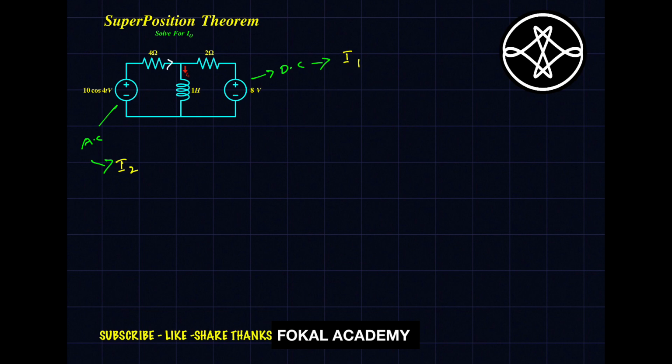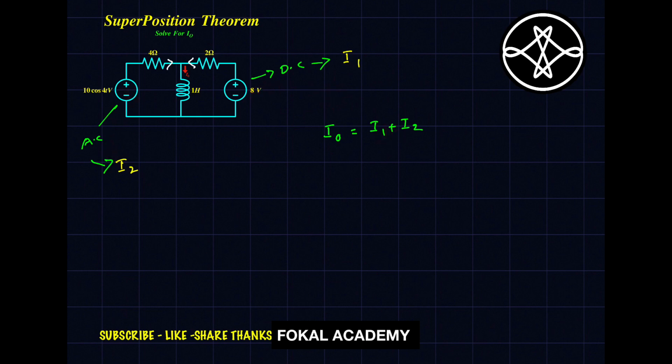According to KCL, incoming currents equal outgoing currents, so I0 equals I1 plus I2. I0 is the current passing through the inductor, equal to the current contributed by the DC source plus the current contributed by the AC source.